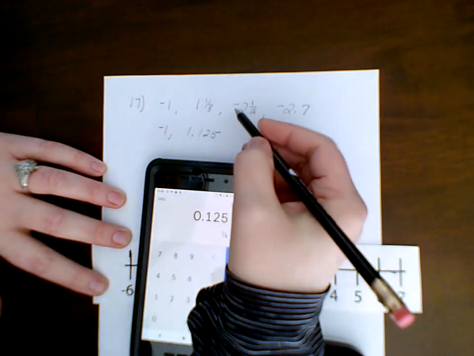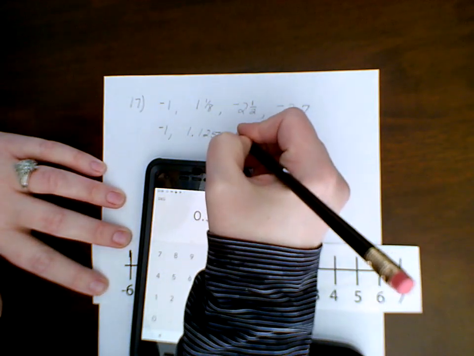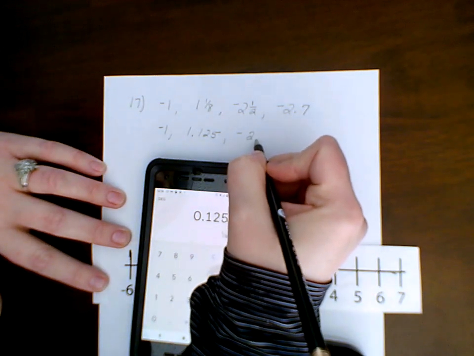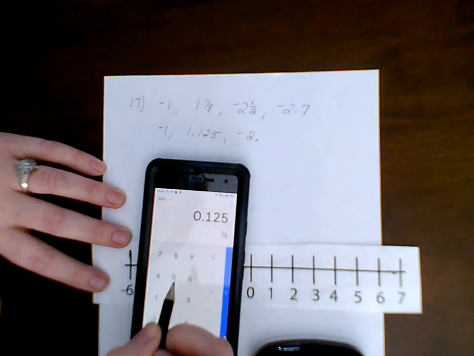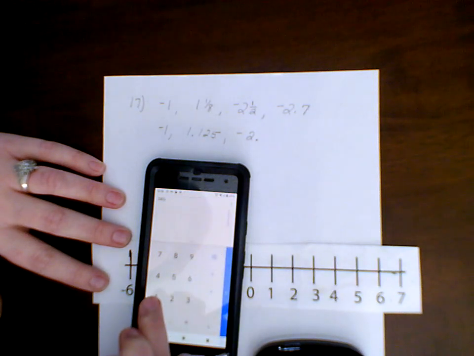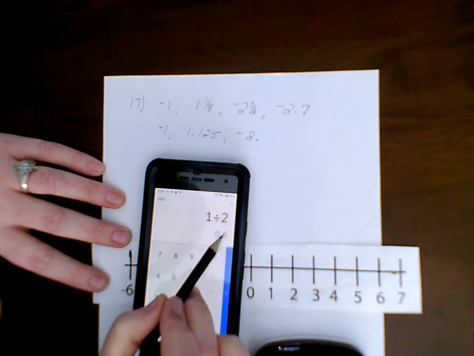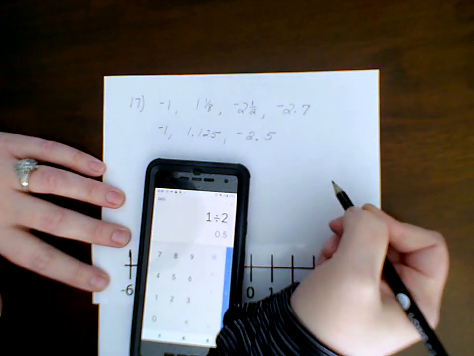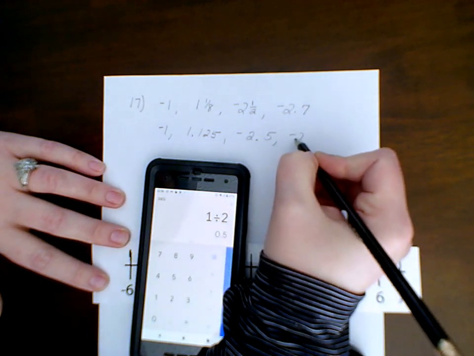Okay, same thing on the next one. I'm going to have to remember my negative sign. It's going to be -2 and then this is the one I said would be good to remember. 1 divided by 2 is decimal 5. Okay, the last one, you don't have to do anything to it.